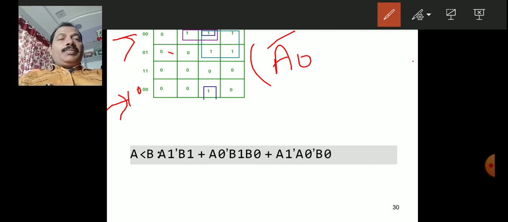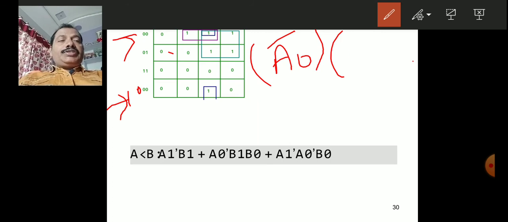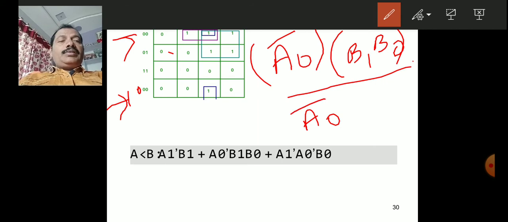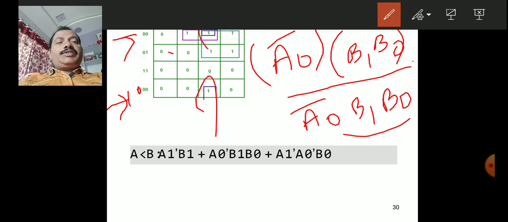Okay, put the bracket, and on the column side only a single column, that is B1 B0, just simply B1 B0. So that means A0 bar B1 B0. That is the term we have written for this pair. So this is the simplified min term we have got.